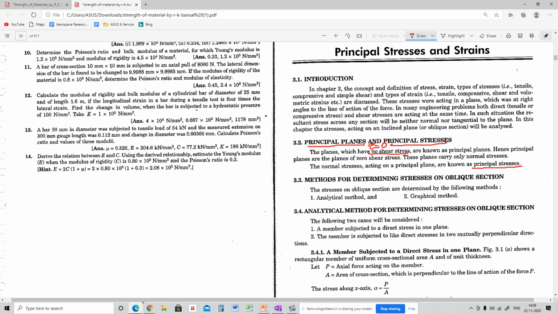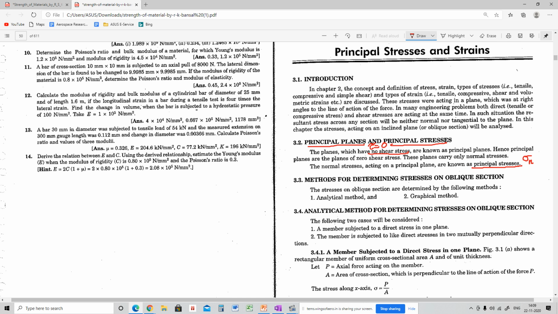Principal stress is nothing but the normal stress, denoted by the letter sigma n. So this is very important. Anywhere they ask for principal stresses or the principal plane, it means the shear stress acting on the plane will be 0 and there will be only a normal stress.